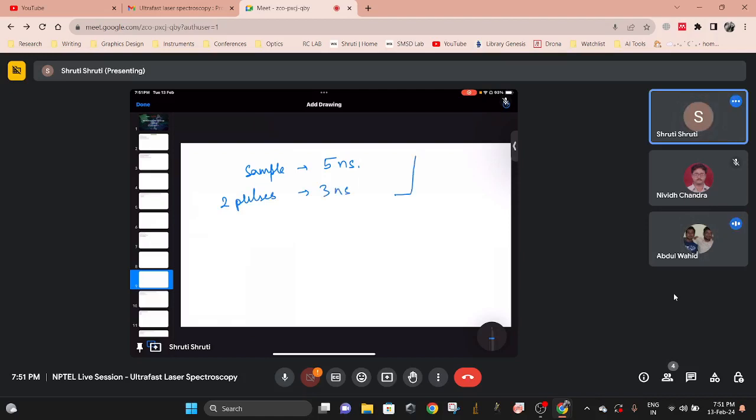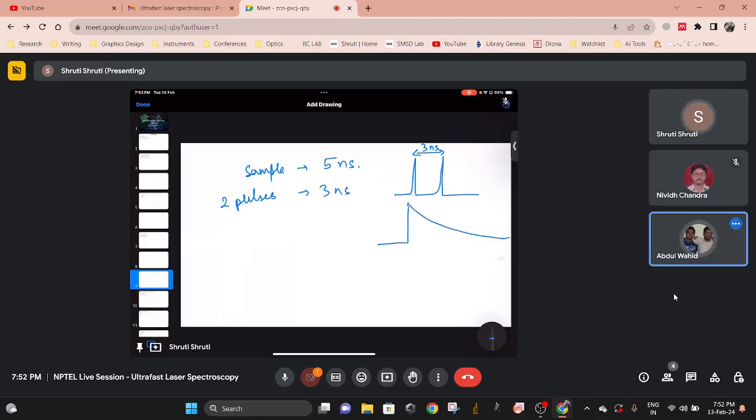So the decay will not be over, it will be going on, and in between you will have another pulse. This pulse excited it here, but since the decay has not completed, there is one more pulse coming over here. So some population which has already been de-excited can get excited again and will show another decay here, right?